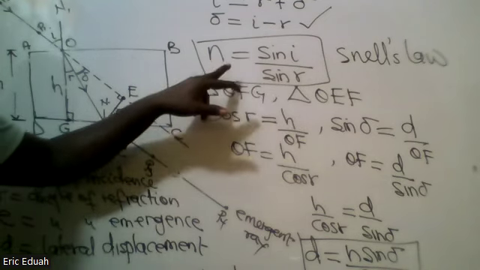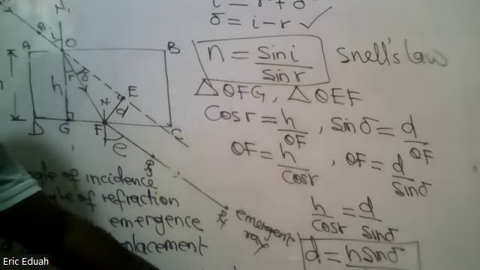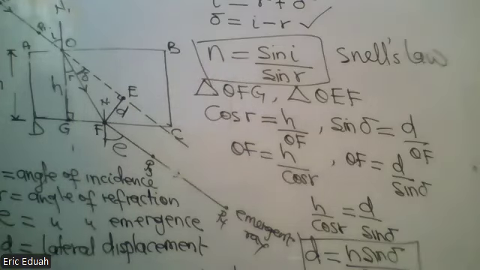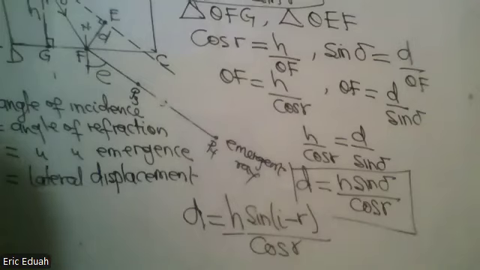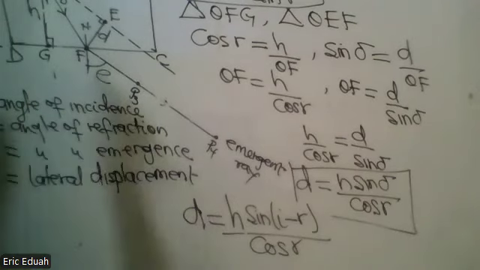Then use the i value here to calculate for the lateral displacement, small d. Okay, so this is the theory on refraction in a rectangular prism.